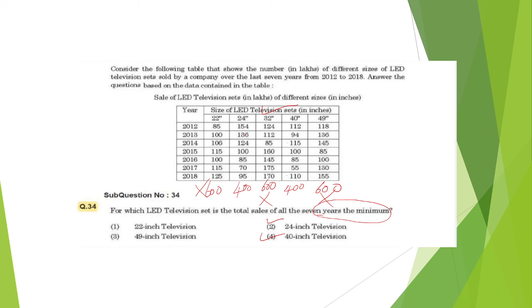But here see, in hundreds also it is 154, it is only 112. 136, 115. 24 only 100, next to 110. Here 85 is there, here 70 is there, only 55 is there. 95 is there, 94 is there. Overall, we can easily observe 40 inch is the minimum compared to 24 inch also. That's why 40 inch is the right answer.